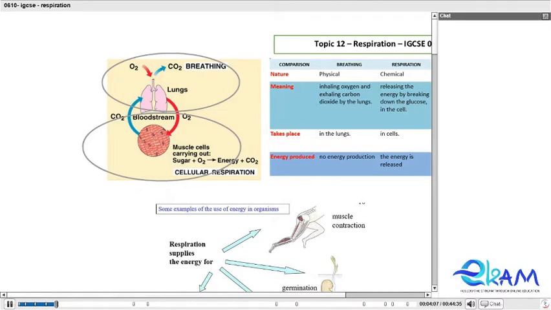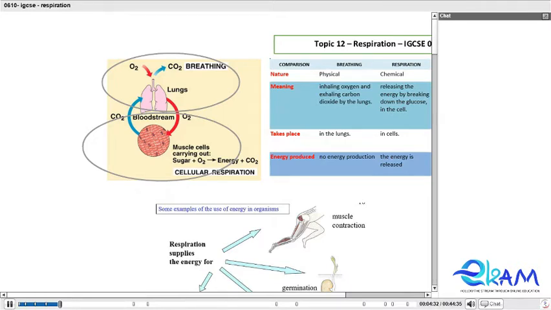This oxygen is used up by the cells, and cells use this oxygen for a process. That process is called respiration. It is actually oxidation of nutrient molecules. As a result of that oxidation, energy is released and a waste gas produced, which is carbon dioxide, which is given outside. So the second part is called respiration and the first part is breathing.